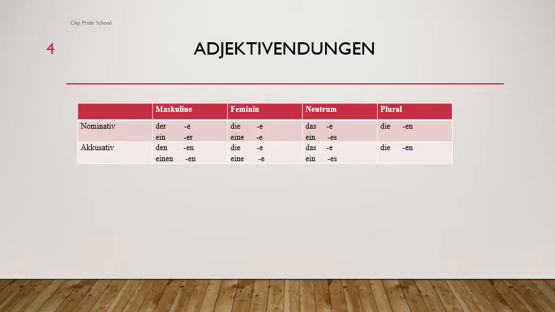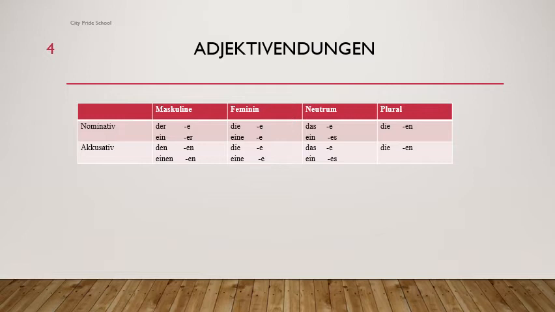So whenever ein is there, you have to check whether the noun is masculine or neutral. If the noun is masculine, use er. If the noun is neutral, use es. I repeat, if ein is used before the adjective, you have to check whether the noun is masculine or neutral. If masculine, use er. If neutral, use es.